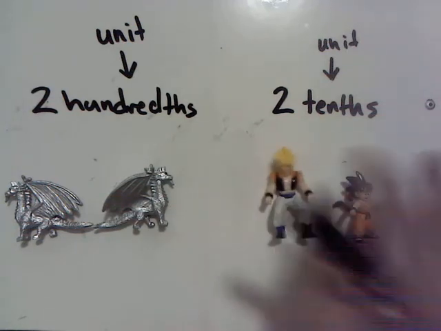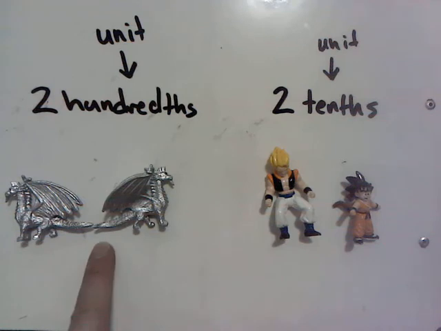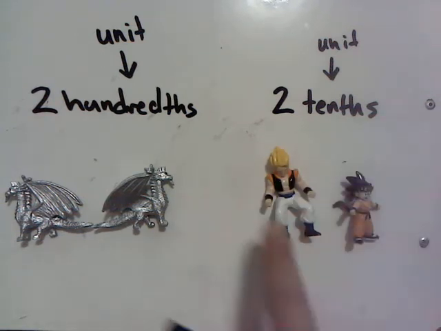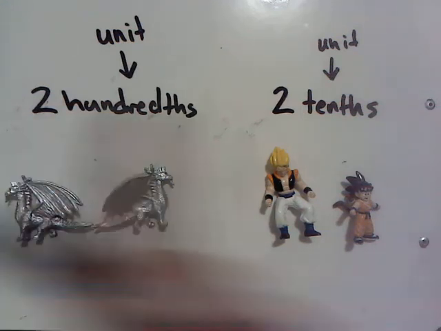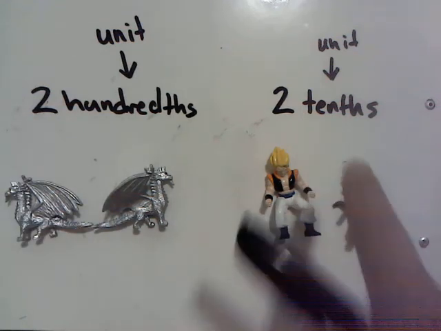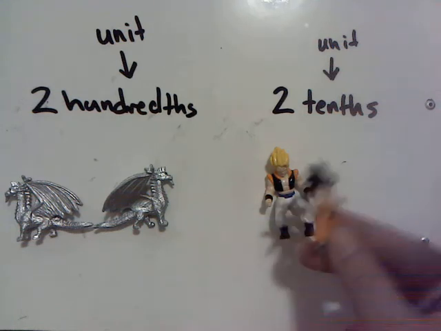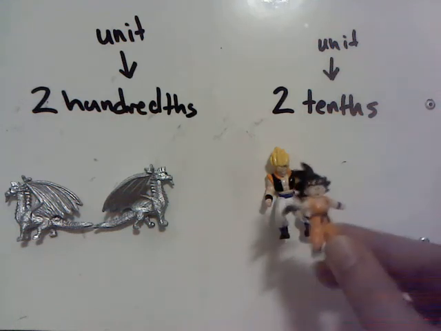Okay? So these are stronger than these. So this is worth more combat damage than the dragon's combat damage. Even though it's 2 and 2, the worth of one of these, of the unit, is more.